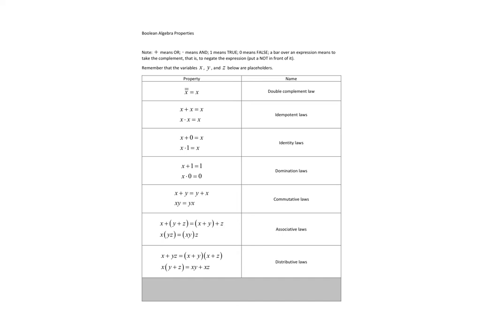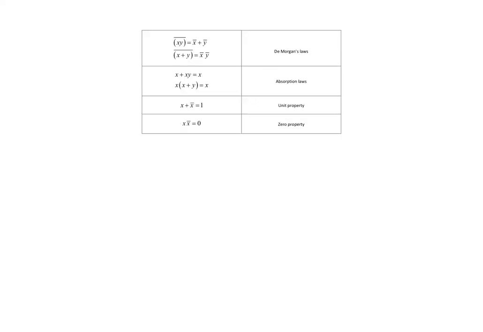Distributive property and associative property. And then we have De Morgan's laws, which are interesting to just know. The absorption laws are also interesting, but we're probably not going to use those too much here either. The main one we're going to use is going to be this unit property.